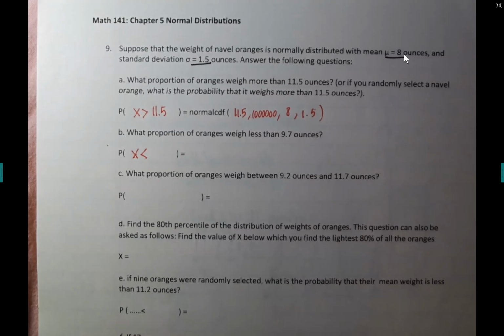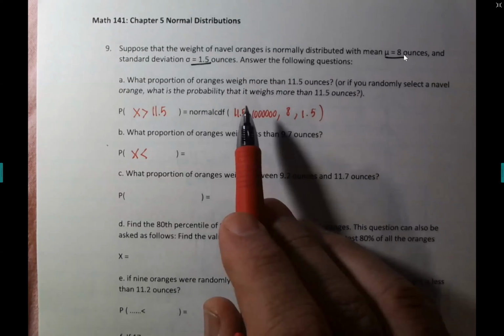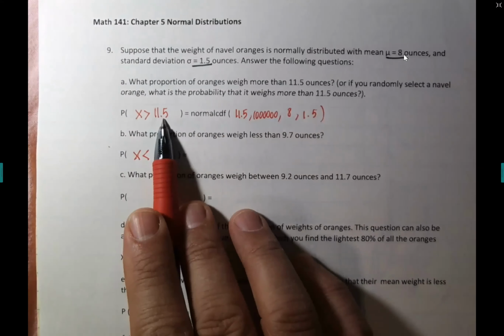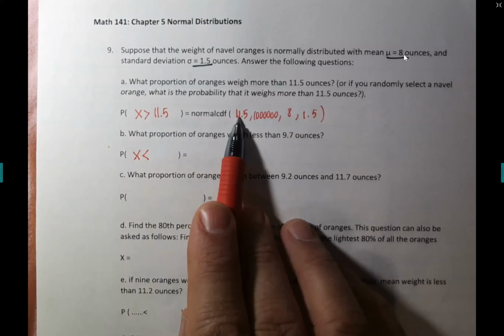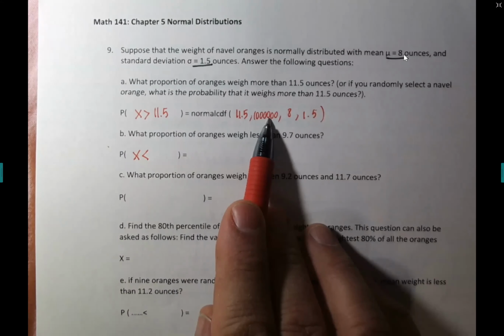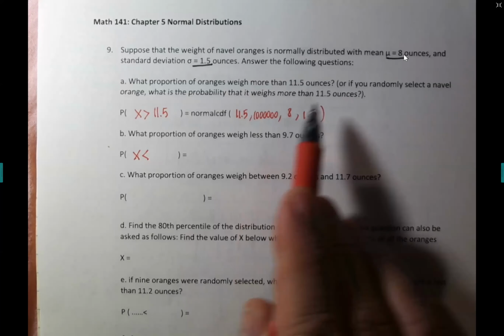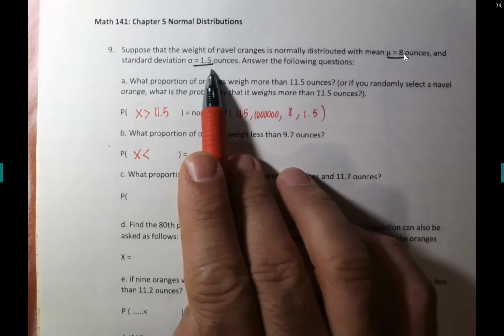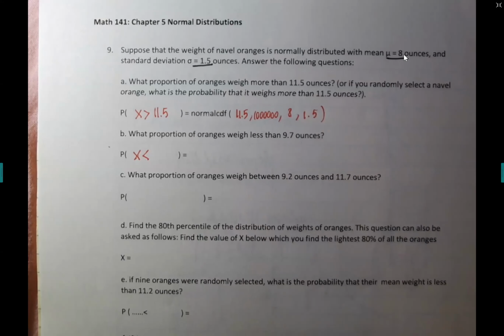Because it says more than 11.5. For more than 11.5, you put 11.5 lower bound, 1 million upper bound, the mean, which is 8, and the standard deviation, 1.5. Yes? Yeah, that makes sense.